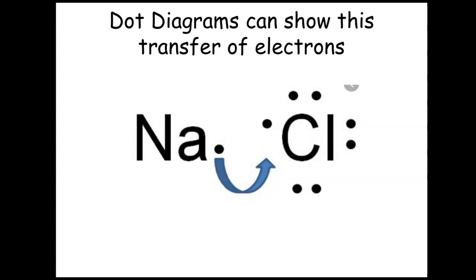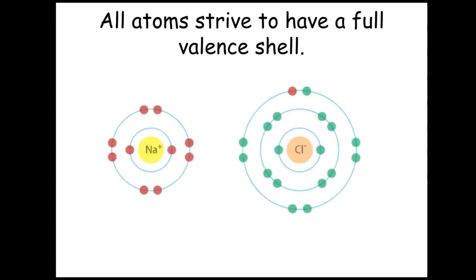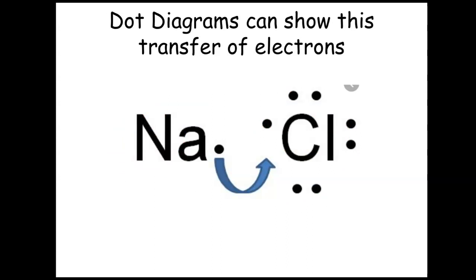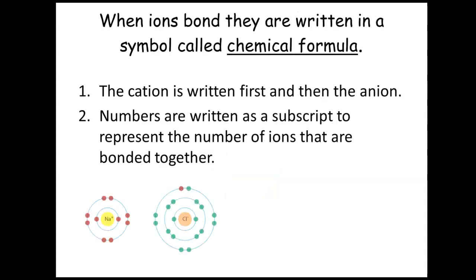And just as a reminder, remember that sodium had that one electron in its valence shell at the very beginning. Chlorine had 7. And so sodium simply loses it and gives it to chlorine, and we can see that in this dot diagram. So when this happens, we call that an ionic bond.